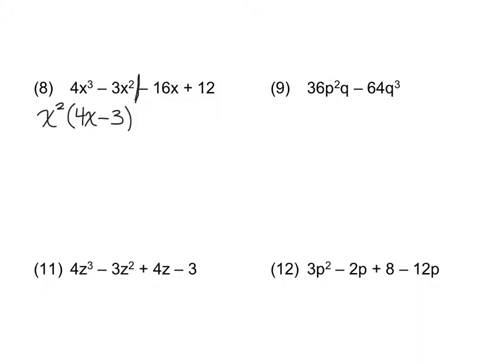Because in order for factoring by grouping to work, the binomials, or at least whatever is left over within the parentheses, they have to be the same. So whatever this is, it has to be duplicated over here. So what would have to be in front of that, negative 4, in order to get you that negative 16 and the positive 12? All right?